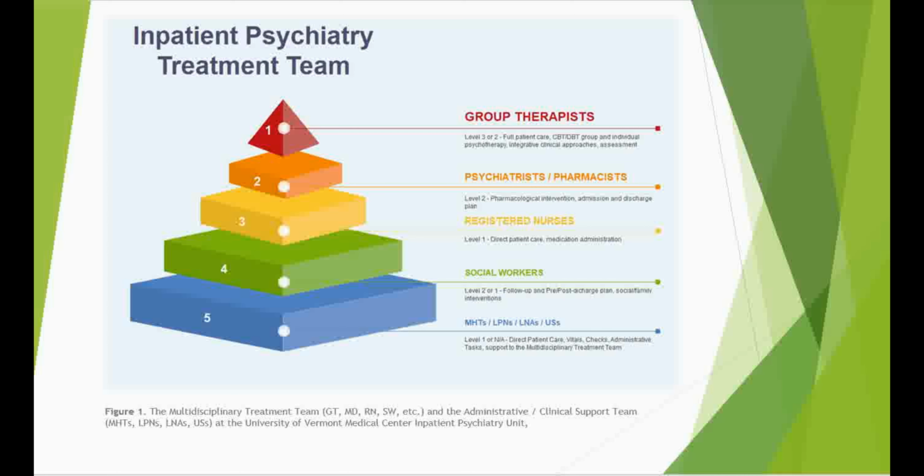And as the name implies, they're responsible for the connection between the clinical work completed on the unit and any type of follow-up conversation with the world outside, so to speak. So follow-up and pre-post discharge plan, social and family interventions, working in cooperation with insurances, insurance representatives and policies, and so on and so forth.